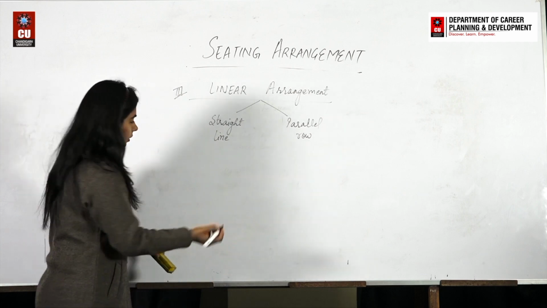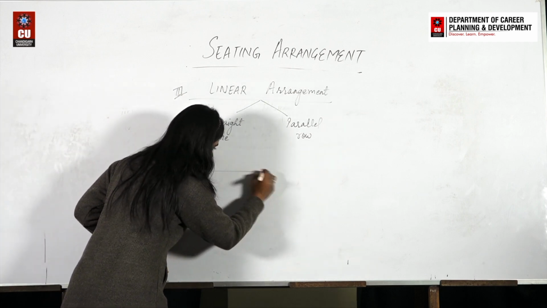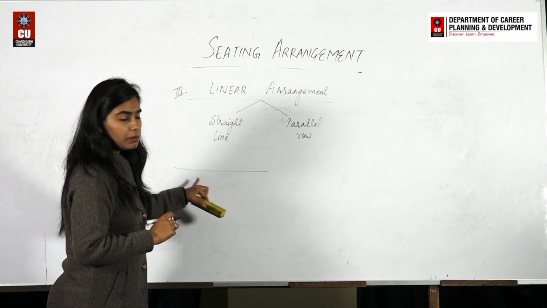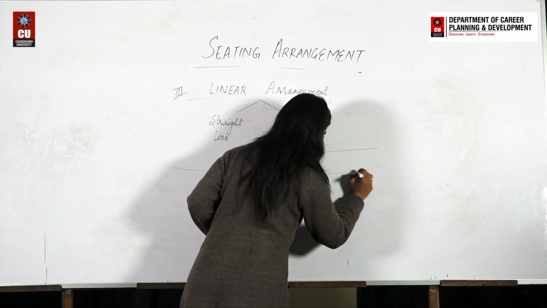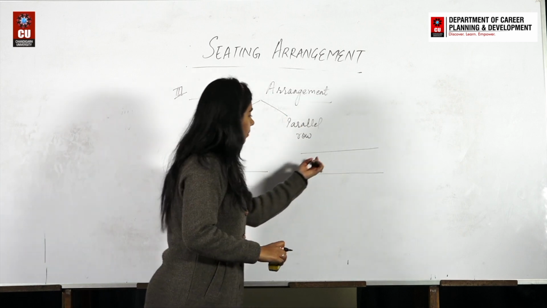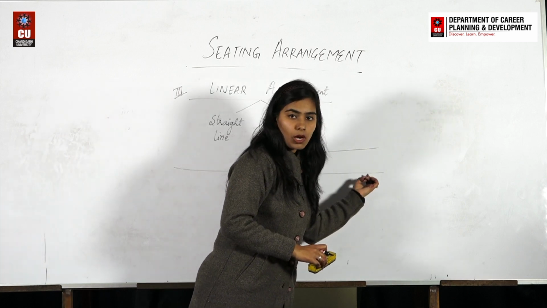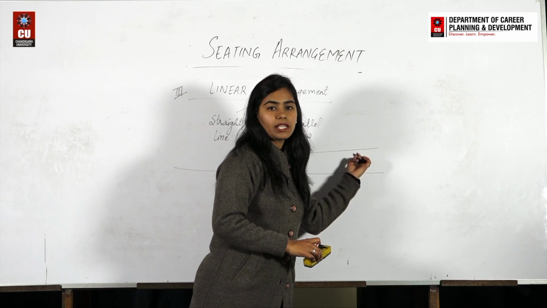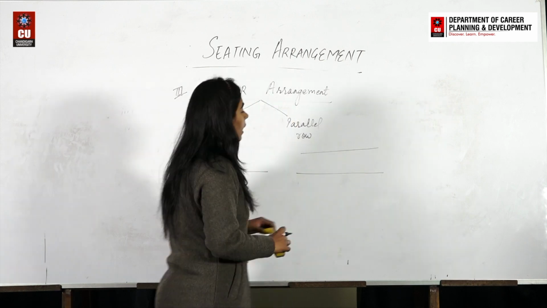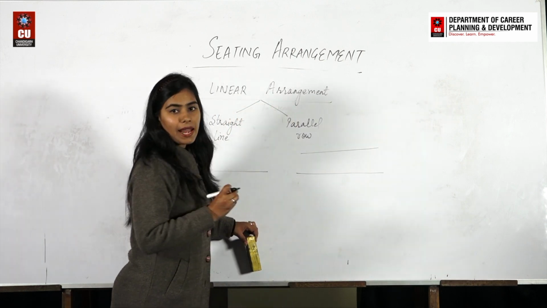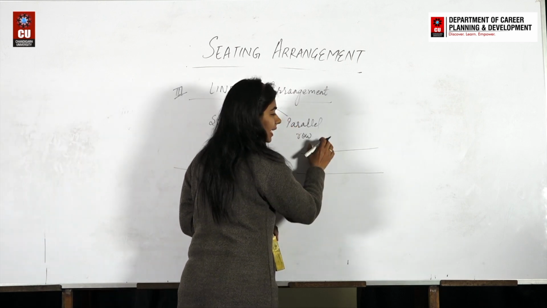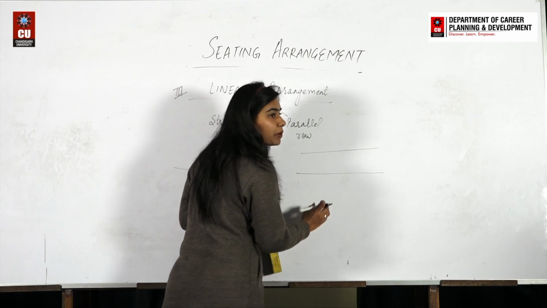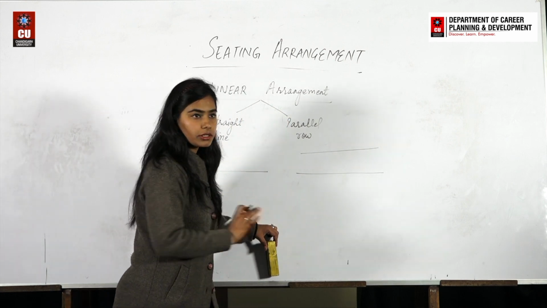In the straight line, there is a single row where the persons will be arranged. In the parallel row, there are two parallel lines. In this, some persons are facing southwards and some persons are facing northwards. While arranging the persons in parallel rows, we will always make them sit opposite to each other.